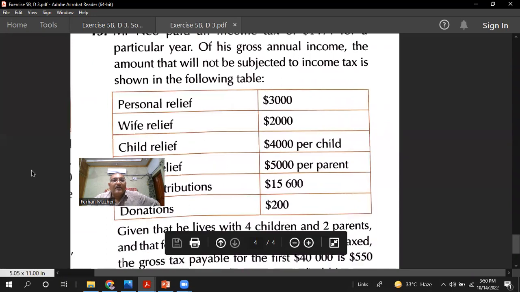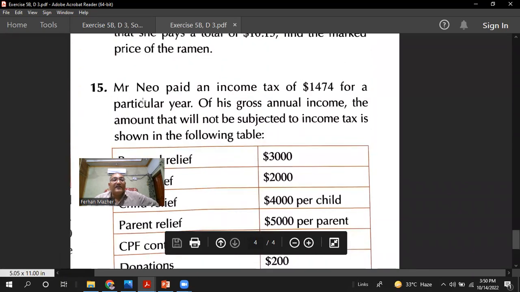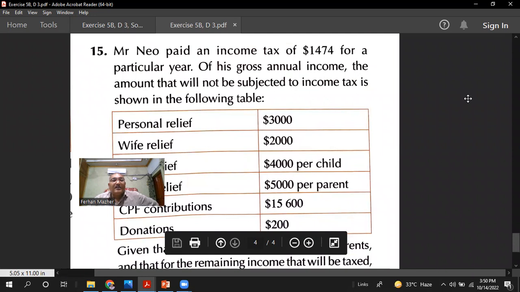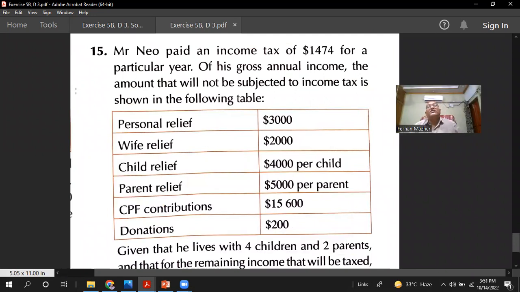He says question number 25. Mr. Neo paid an income tax of $1,474 for a particular year. Of his gross annual income, the amount that he will be subjected to the income tax is shown in the following table. There is a personal relief of 3,000, wife relief 2,000, child relief $4,000 per child, parent relief $5,000 per parent, CPF contributions 15,600, and donations $200.